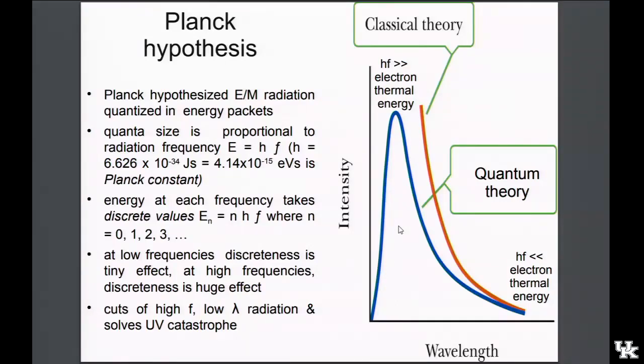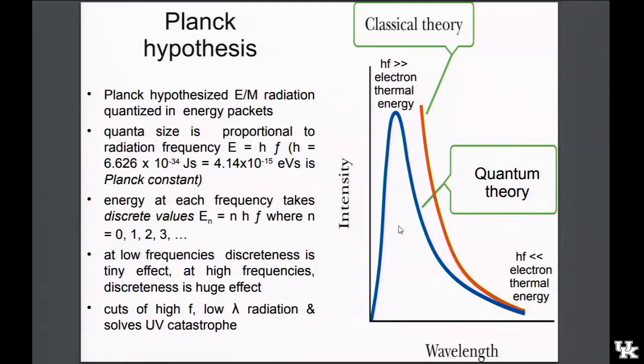And the size of a packet, here's the energy in a single packet, is equal to the frequency, that's the f here, times a constant that's called Planck's constant. The value of the constant, I wrote it down here, is 6.6 times 10 to the minus 34 joule seconds, or 4.1 times 10 to the minus 15 eV seconds.